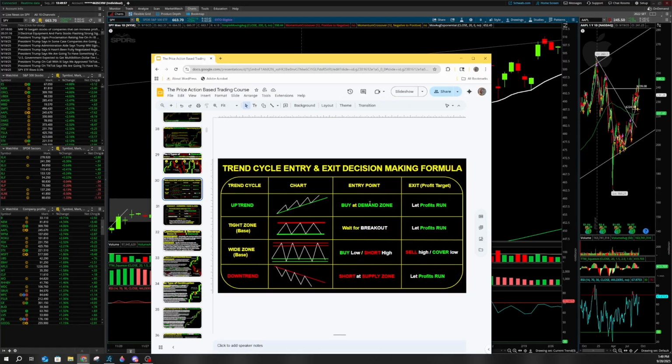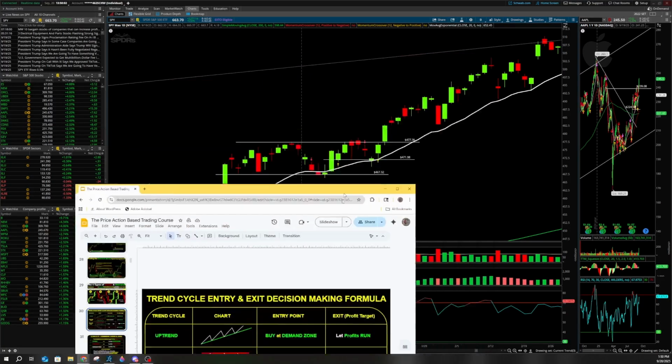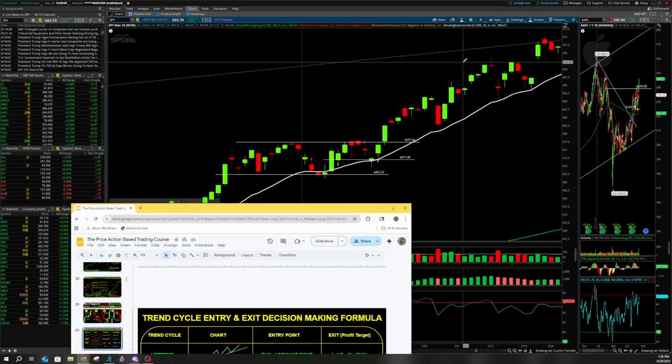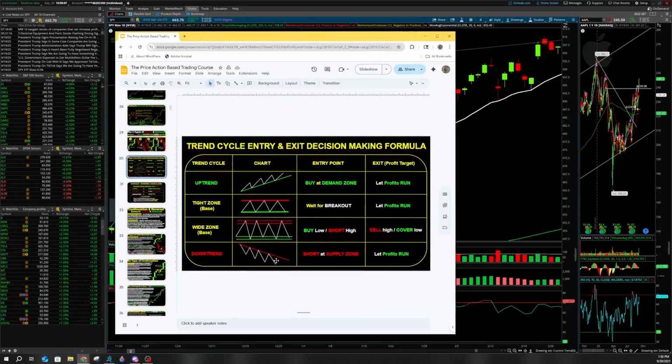So you buy at the demand zone, and letting profits run means you're expecting the resistance level to be broken and an expansion to take place. Now, if we take a look at the downtrend here, same thing. In a downtrending market, you're shorting at the supply zones, and the supply zone could be the 20 EMA line rejection. It could be an overhead resistance level that I showed you earlier.